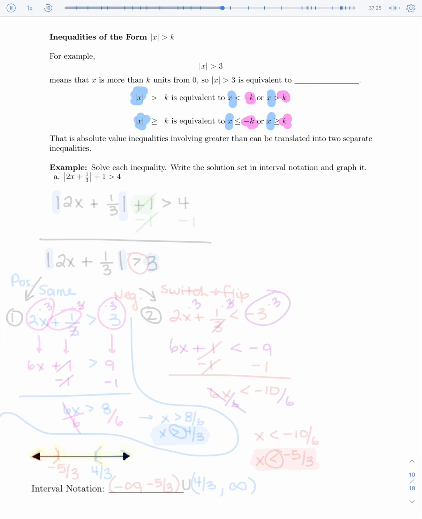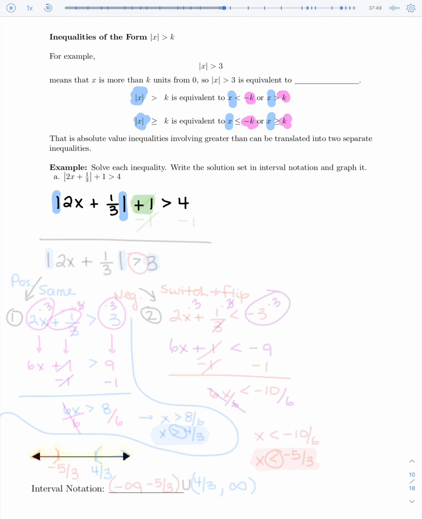So let's start with problem A. In problem A, we have the absolute value of (2x + 1)/3, plus 1, is greater than 4. So we'll start by getting the absolute value by itself, which the problem is the absolute value isn't by itself because there's this plus 1 that's dangling off to its right.